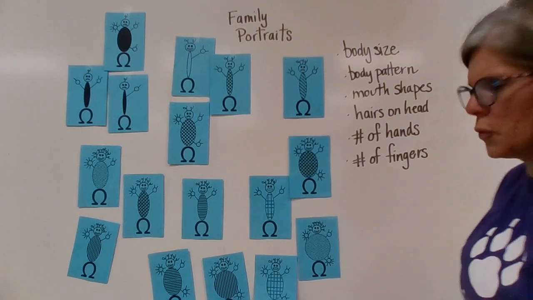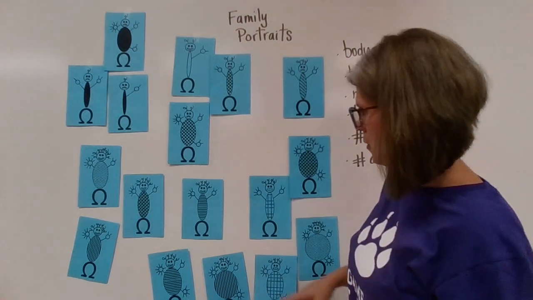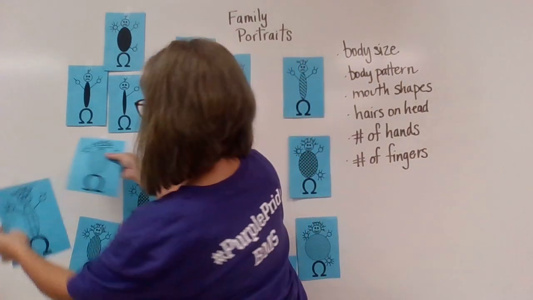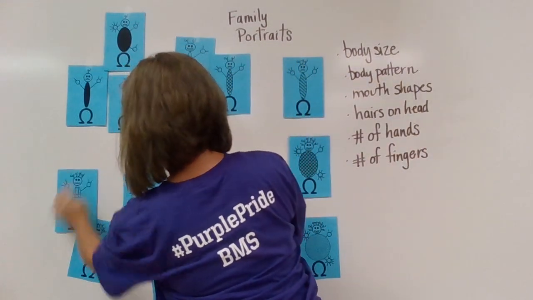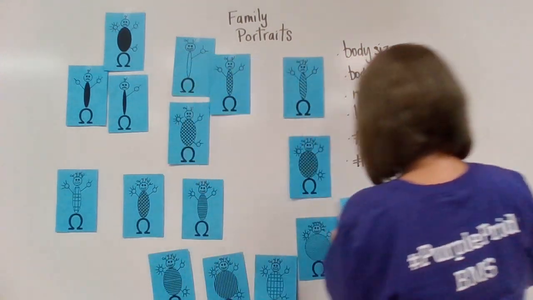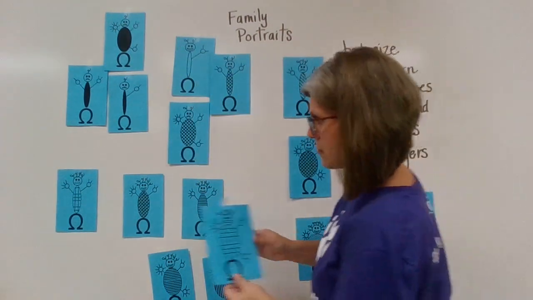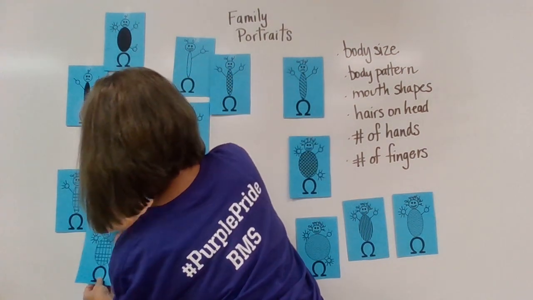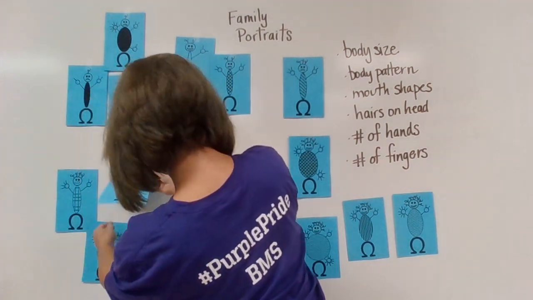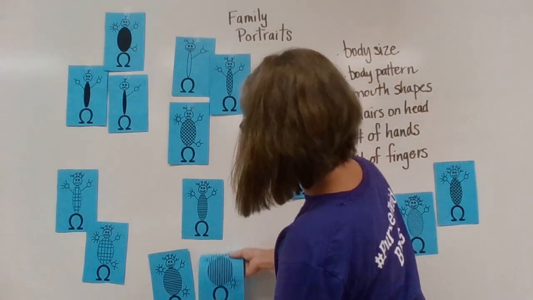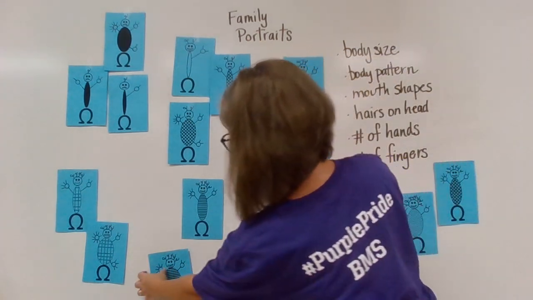So now let's move to 4 hairs. This one, 1, 2, 4. I'll come this way, I guess. Let's see. We have 4 hairs here. Okay. And that looks like that's about it for 4-haired individuals.